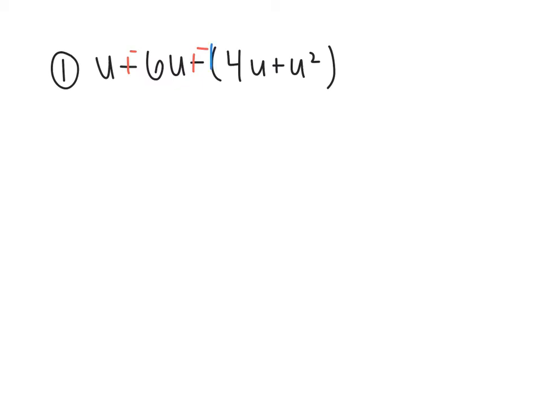In front of the parentheses there's a -1. So I'll distribute that to both terms inside. So I have u plus negative 6u plus negative 4u plus negative u squared. So negative 1 times 4u gave me the negative 4u, and negative 1 times u squared gave me the negative u squared. Now I can combine the like terms.